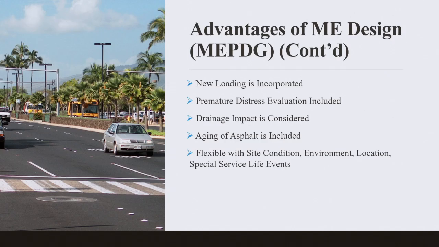In this one, the actual site-specific load data and drainage data can be included. Aging of asphalt, we learned about the effect of aging, is also included, and it is flexible with site condition, environment, and load. So that's one of the advantages.